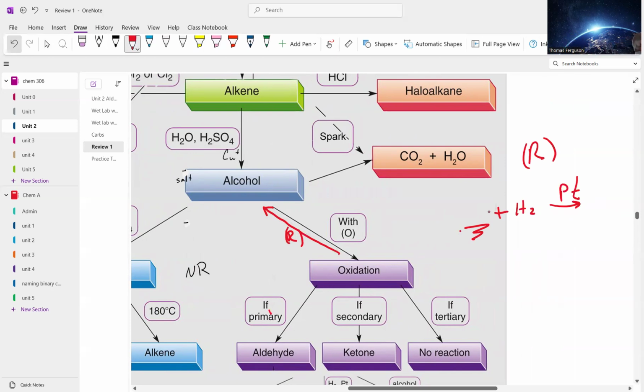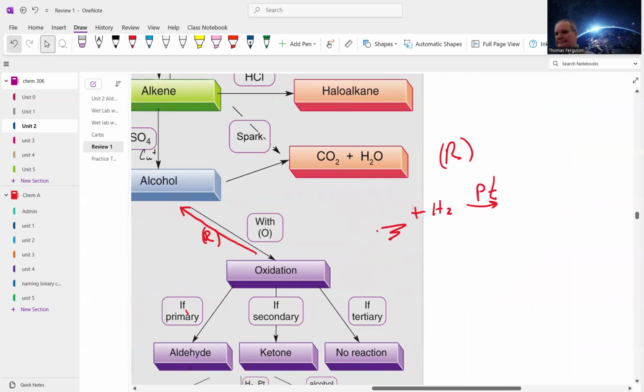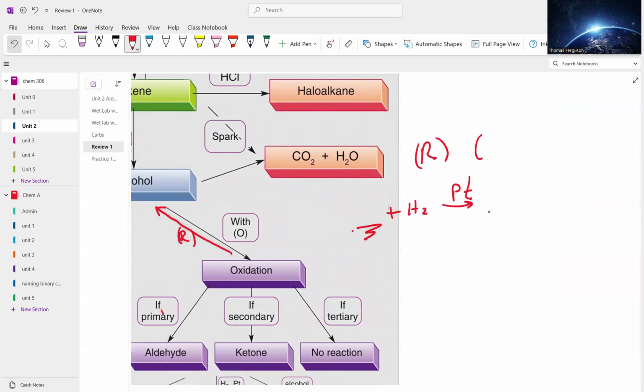Reduction means adding hydrogen. Oxidation means removing hydrogen.